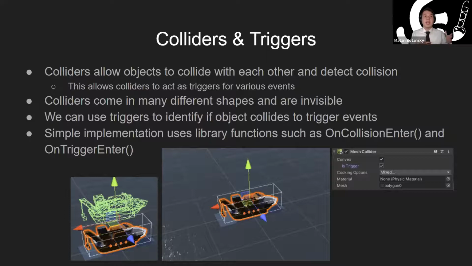In this game, I don't have a picture of it, but when the ship hits ice, it breaks the ice. So the ship would be a trigger and would have a function that will break the ice once the two objects collide. The simple implementation uses functions such as OnCollisionEnter and OnTriggerEnter, where the latter is used more commonly to do many, many things.